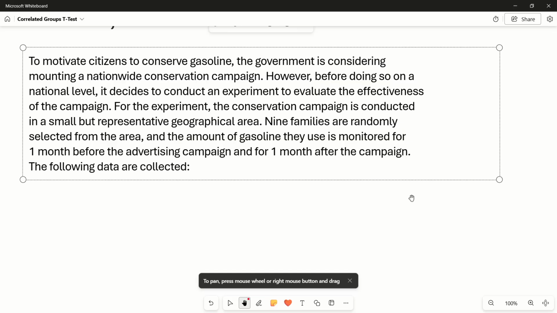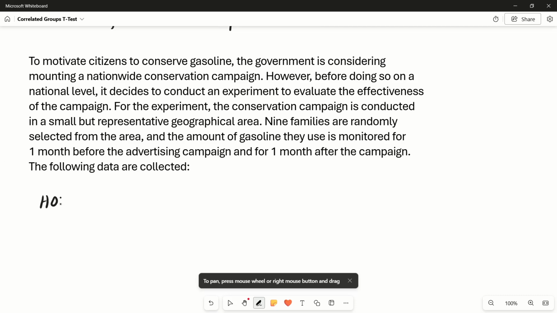So we're looking at conservation. How effective is the conservation campaign? Conservation means using less gasoline. So the null is obviously no difference in gasoline consumed after the campaign, right?